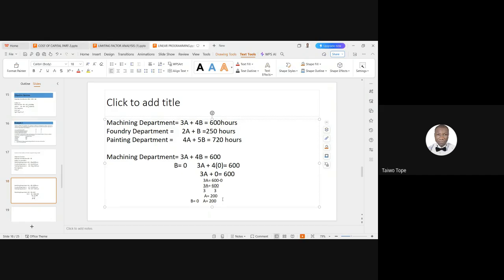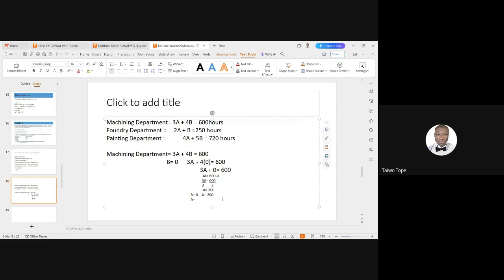For you to get the value of B now, you will say, let A be equal to 0. When A is 0, what is B? Can you solve? It's 150. So B will be 150.